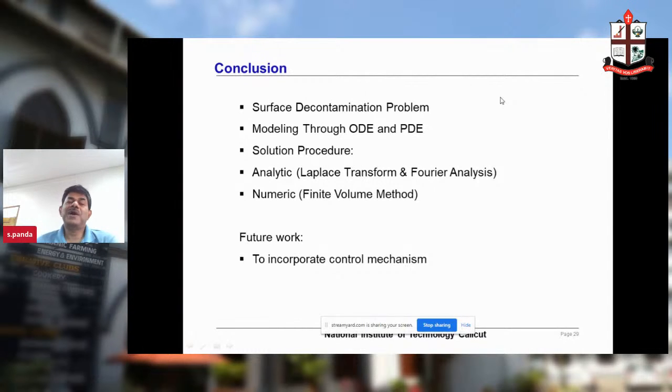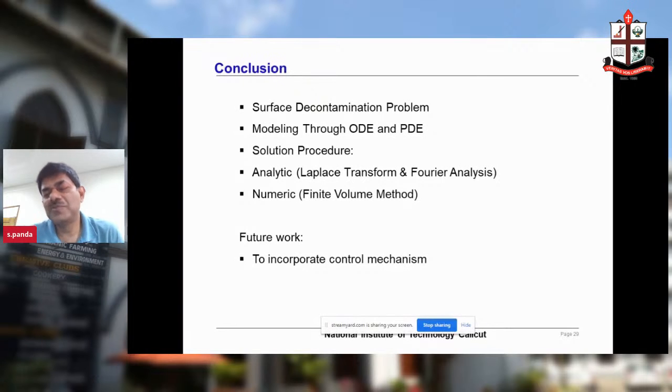If you don't have a lot of ideas, start with a model which is as simple as possible and make it complex later. Then you can extend it to a partial differential equation. After that, you have to look for a solution procedure, and the solution procedure is actually where your mathematics is involved. So modeling involves your physics and your data science.